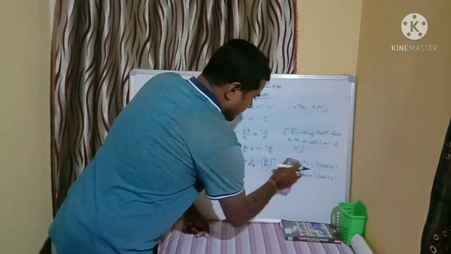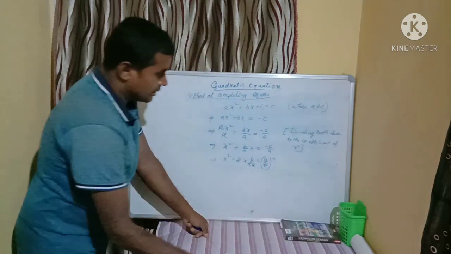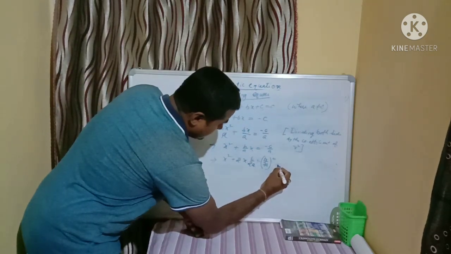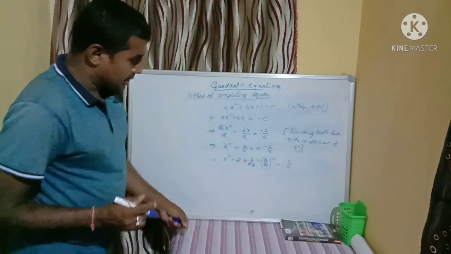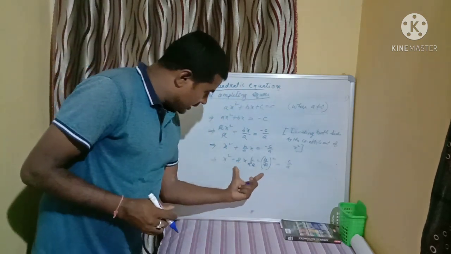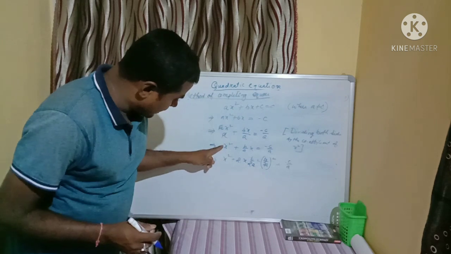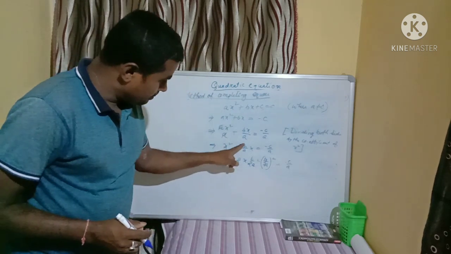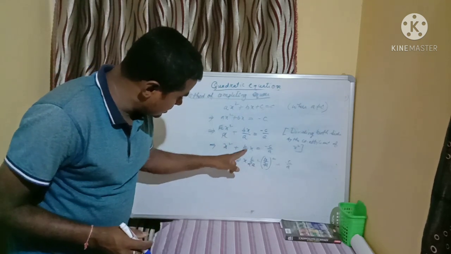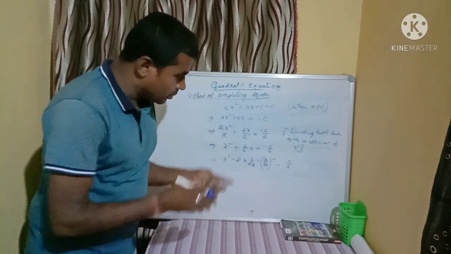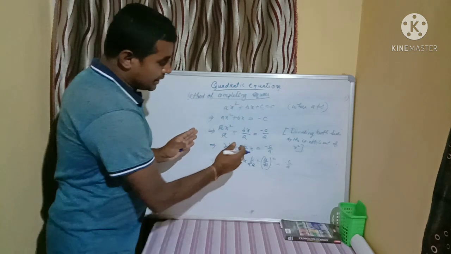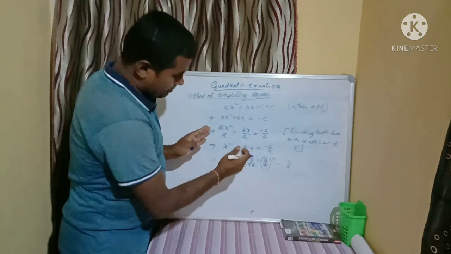Okay? b by twice a whole square. Then in the right side we have minus c by a. Now you observe, in the left side x square is the same, and b by a is similar. Now the b by twice a whole square term we just added on the left side.